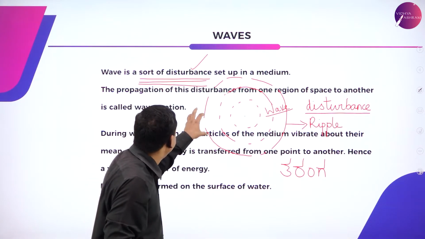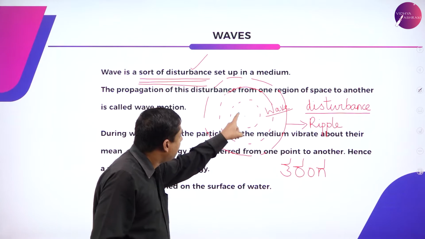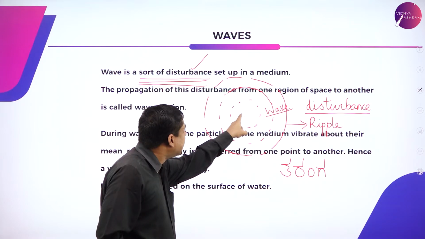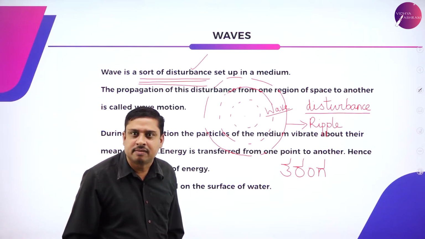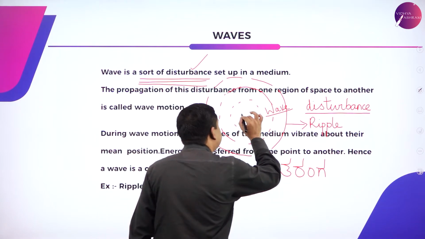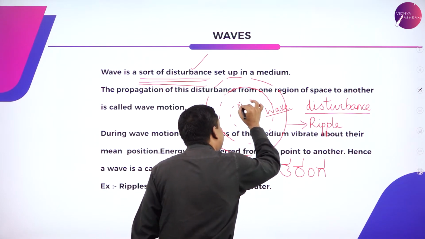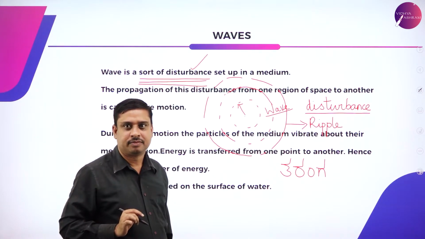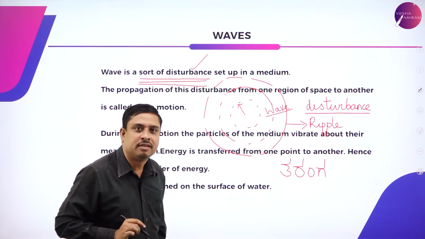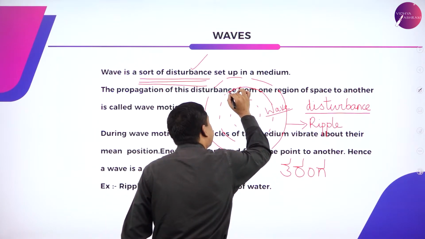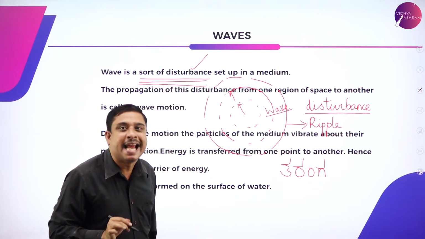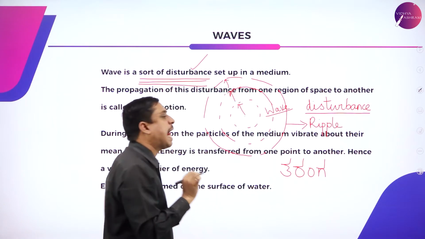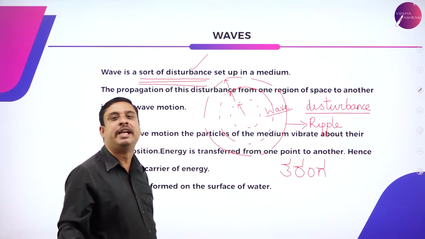Now, if you observe the diagram, point of impact, this region is disturbed first, and this disturbance is then carried to the surrounding medium. Again, the disturbance is transferred to the next surrounding medium. The disturbance is transferred to the next surrounding medium.